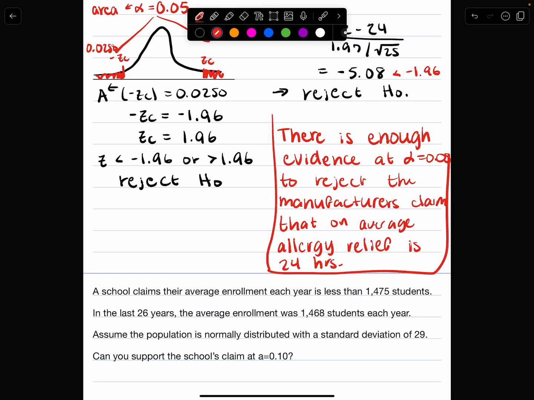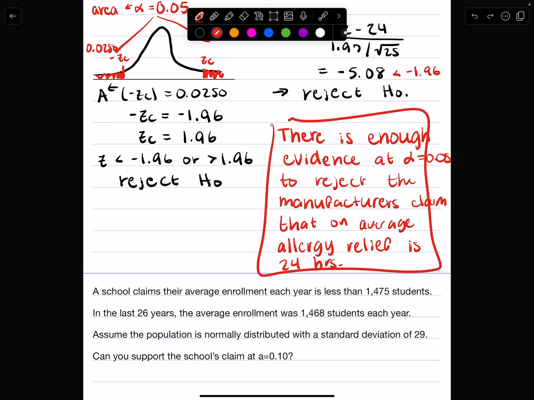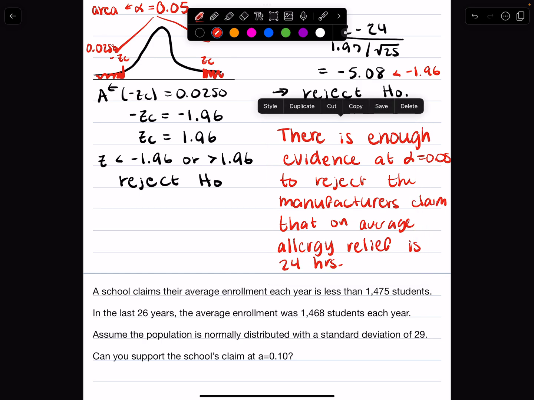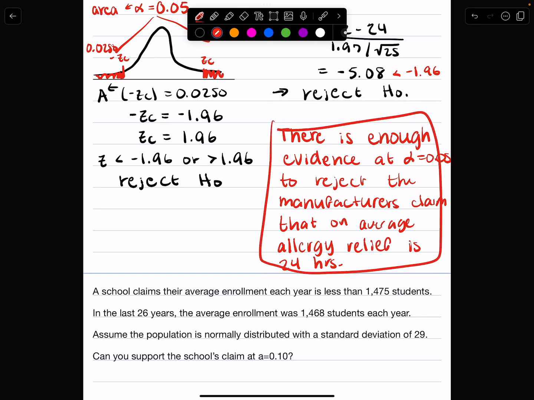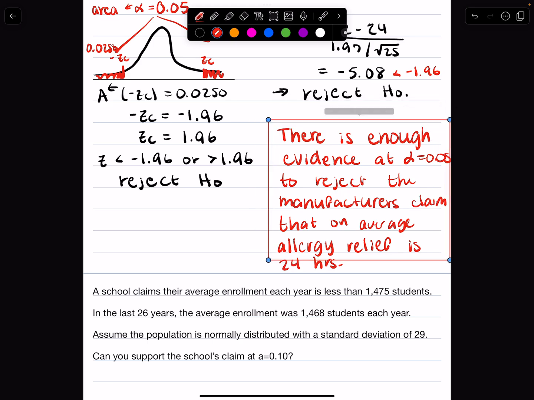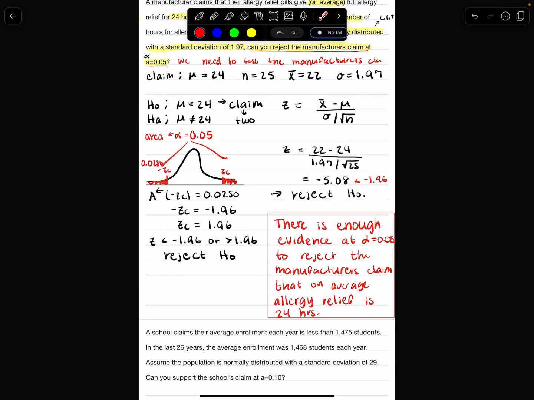For their medication, but we're just going to assume we know that's what we're talking about to save us some space in writing words. So your conclusions will always look like what I just wrote. There is enough evidence, blah, blah, blah, at alpha equals blah, blah, blah, whatever the claim was. Every single one of our answers should look like this, but everything else is us actually performing the hypothesis test.